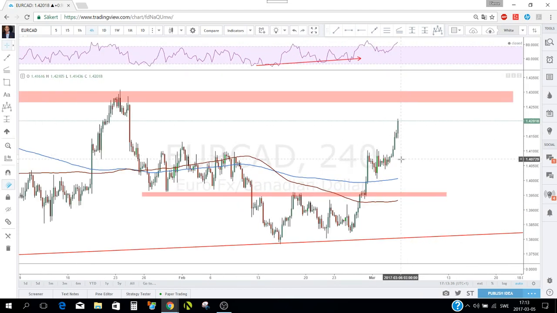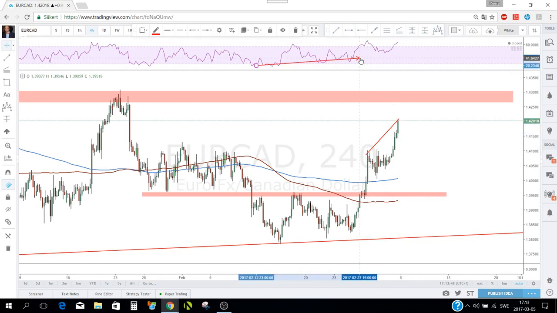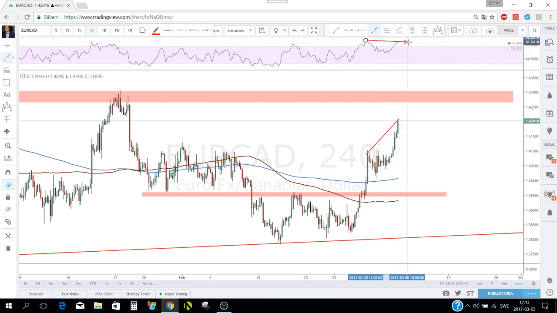On the 4 hour, guys, you see this major move here from this low and this high, and this higher high. But on the RSI, what do we have? We have a higher high here and a little bit lower high on the RSI. So we have a clear divergence.